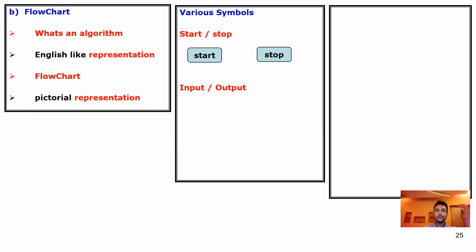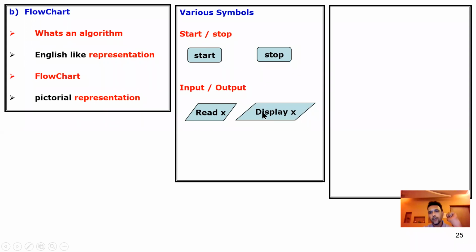Anyway, now, whenever you want to show input output in your flow chart, you will use a parallelogram. Now, inside parallelogram, you will write read X, okay, or display X, something like that, depending on the step. Now, once again, I have a question for you, and everybody can answer this question. You can unmute and answer. Instead of writing display X, if I write show X, is it okay?